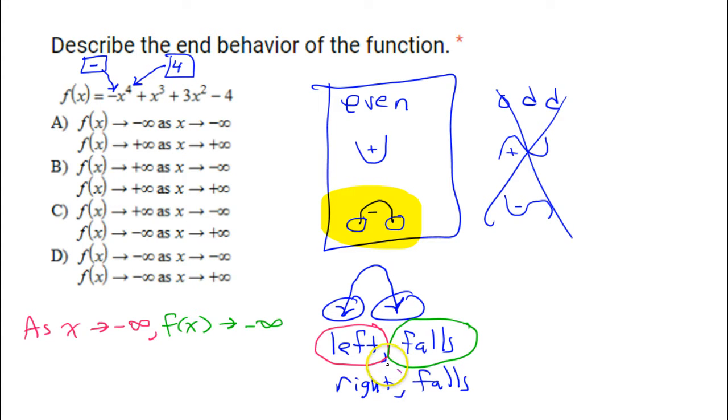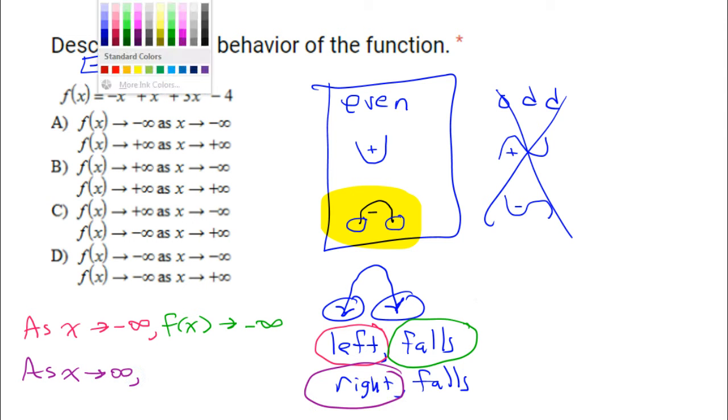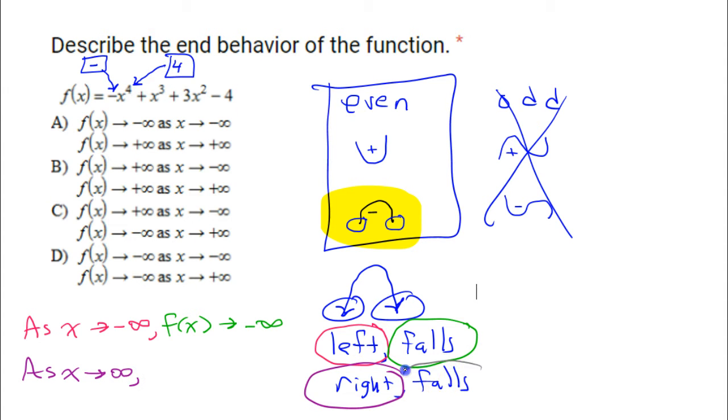Now if I want to say on the right, I will say as x approaches positive infinity. That means as we head towards the right. Now if I want to capture this falling on the right, I would say the function approaches negative infinity. So you can use the colors to see how each one of these parts represents these ideas.